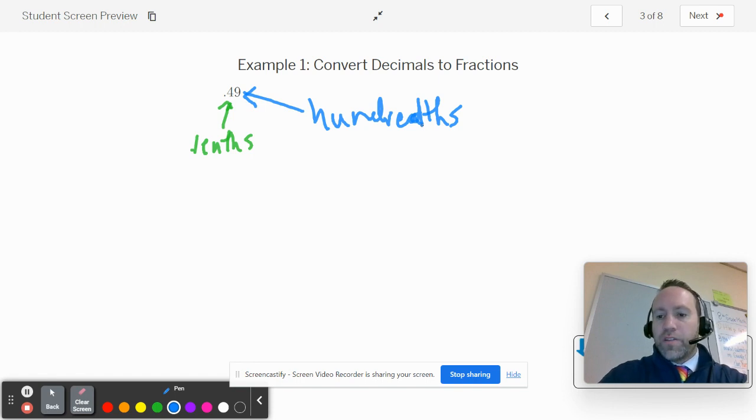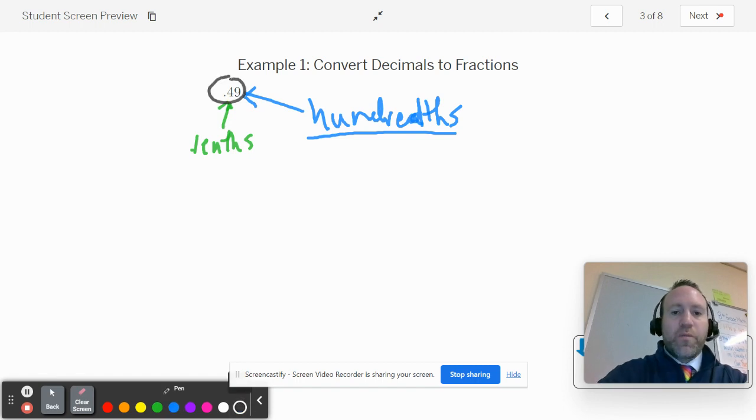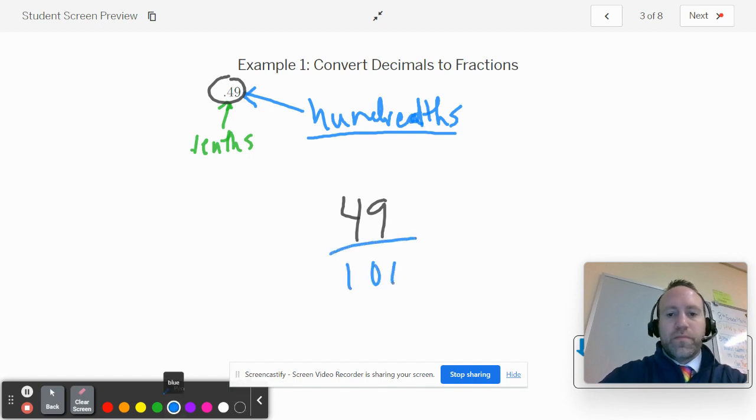So we're going to put 49 over 100 because it ends in the hundredths place. So we take the number 49 and we put it as a fraction over 100. Okay, because that's where the decimal ended. That's how you convert a decimal to a fraction.